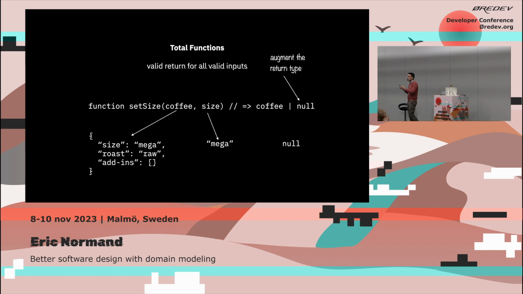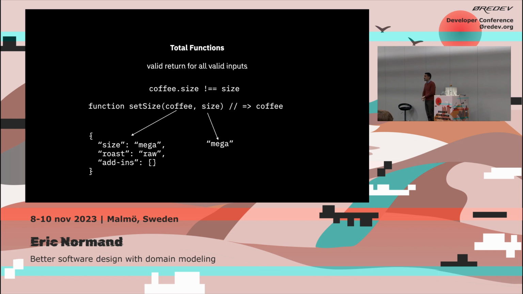So we can use the TypeScript notation of coffee or null. In case we don't change anything, we tell the caller, I didn't change anything, so here's null. You could use a false or something like that just to indicate nothing happened. It's a no-op, and that's a choice. We could do that.